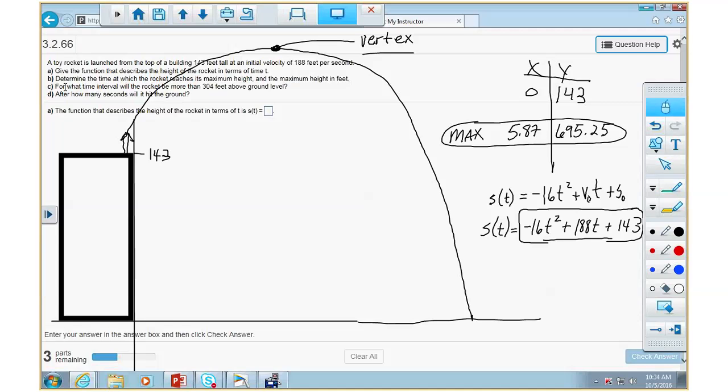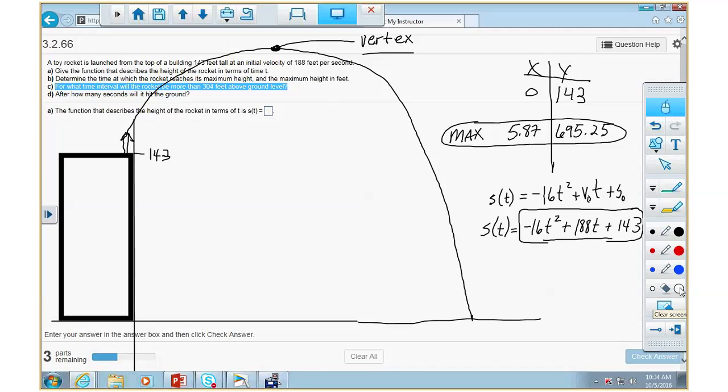Okay, now C, I want y'all to do. For what time interval will the rocket be more than 304 feet above ground level? Now I want you to think about that before you try to make it difficult. What's it asking?